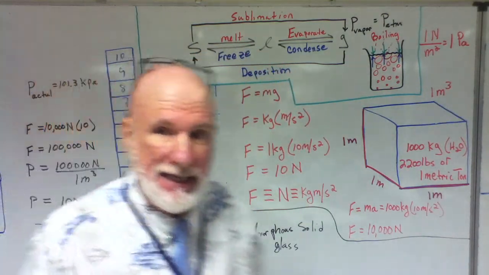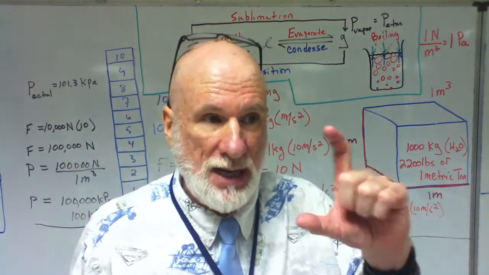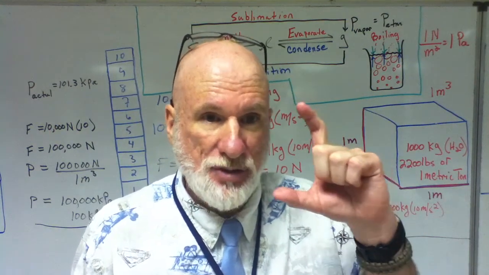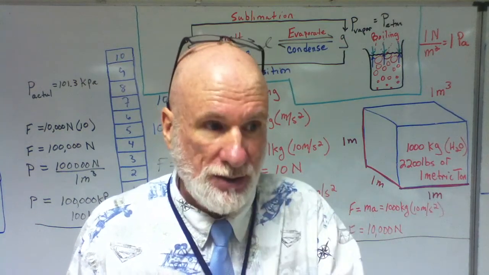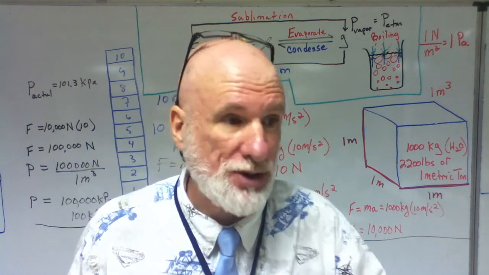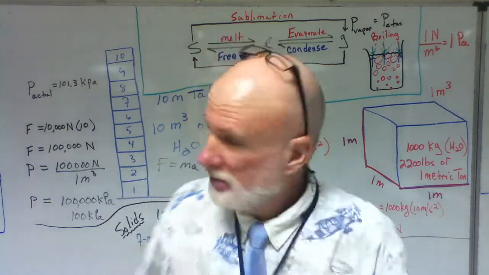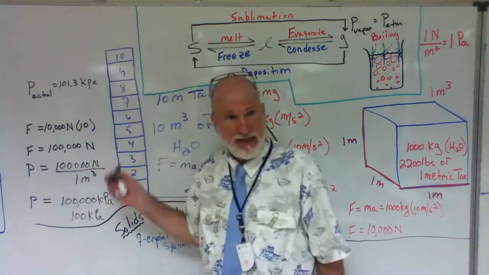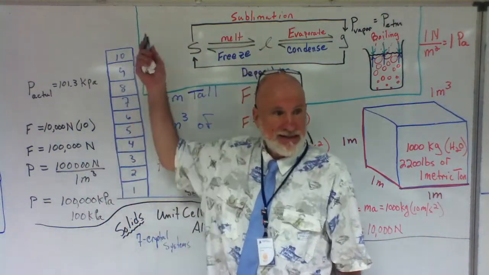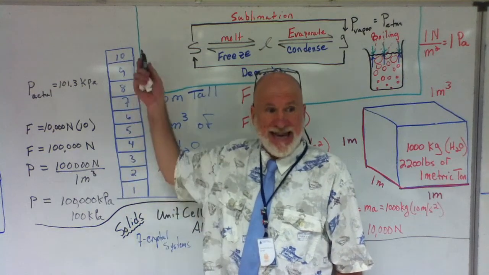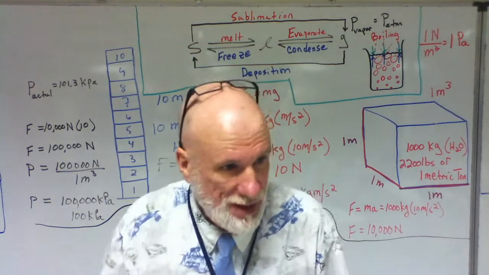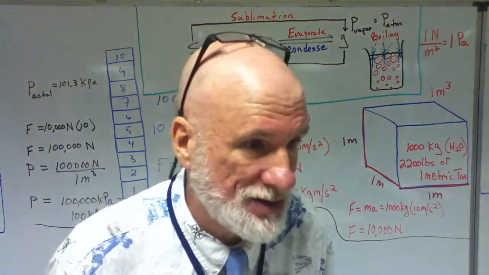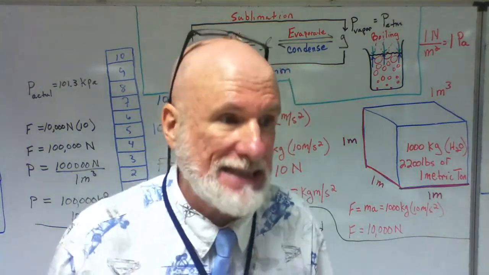Didn't I say that the equivalent of the height of a eudiometer of mercury in water is going to be 10.3 meters-ish? Well, that's what it is, 10-ish. That's where it comes from. So what's 10 times 10,000? 100,000. 100,000 pascals, or 100 kilopascals.